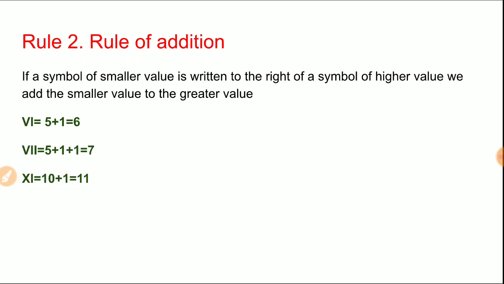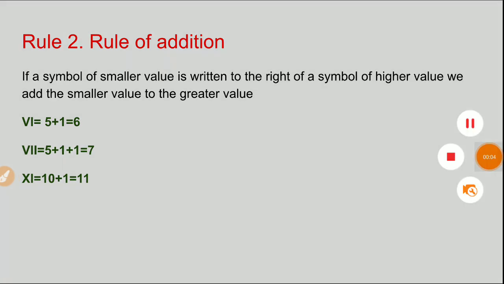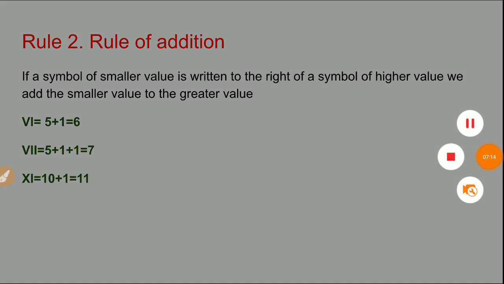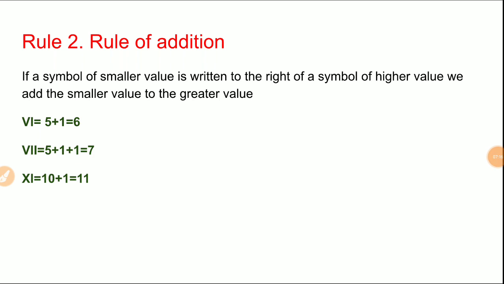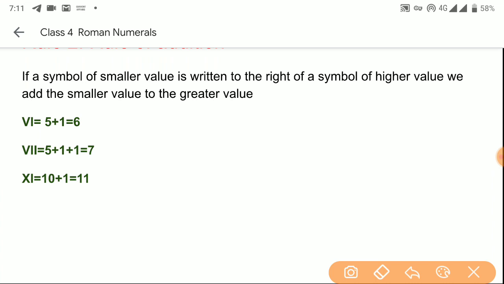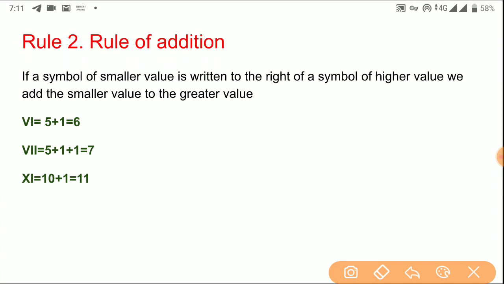Let's go through the second rule. Rule of addition: if a symbol of smaller value is written to the right of a symbol of higher value, we add the smaller value to the greater value. Let's understand this rule with an example.